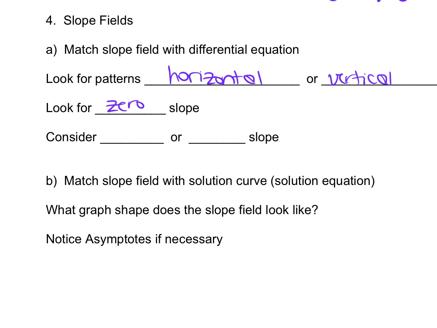And then also consider positive and negative slopes, especially in terms of quadrants. Within this, we also talked about matching slope fields with solution curves and what graph shape the slope field looks like. This was always parent functions. Okay, and if you need to, notice your asymptotes to kind of help you out on that one.